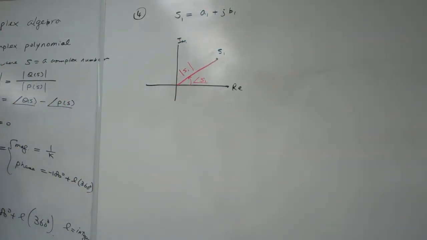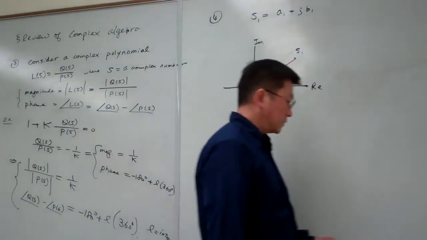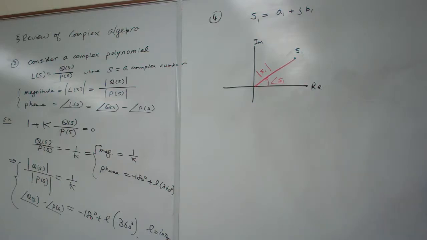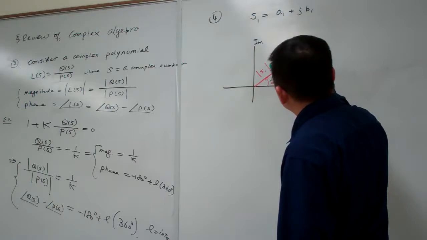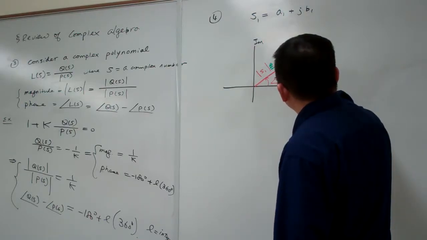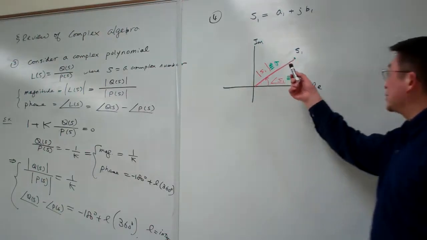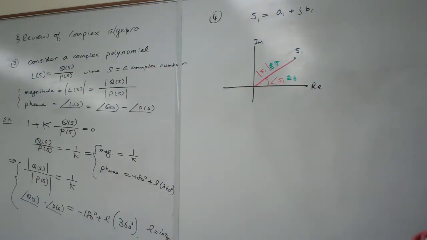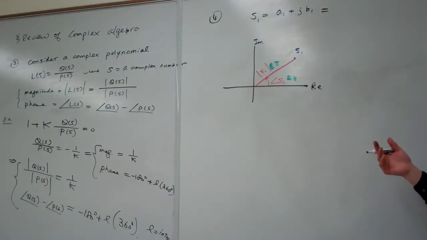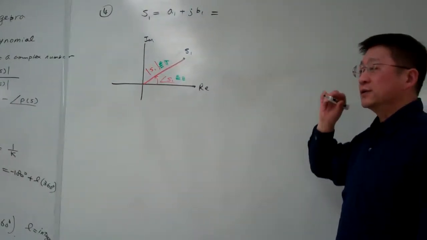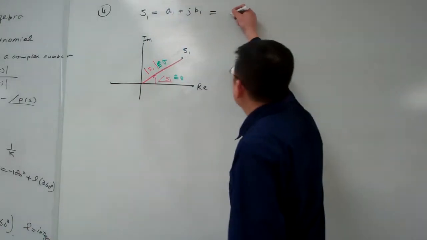Back to the first portion, the first properties. Let us pick up certain notation. Let me define this one as sigma, and let me define this as theta. If we have the magnitude and phase angle calculated, usually we have another expression of complex numbers directly expressed in terms of the magnitude and phase, which is this.